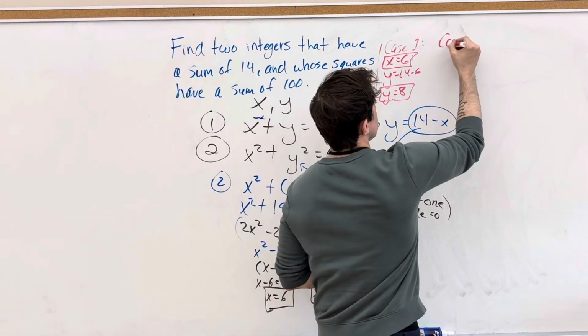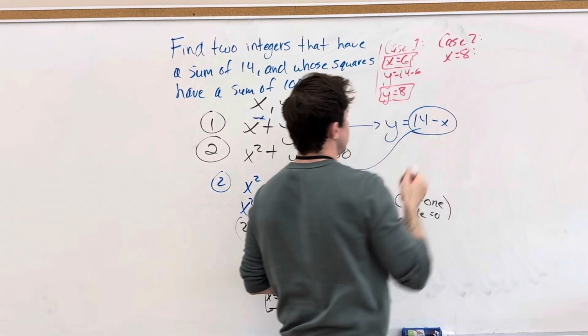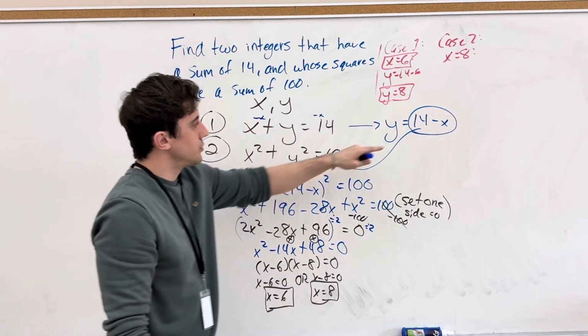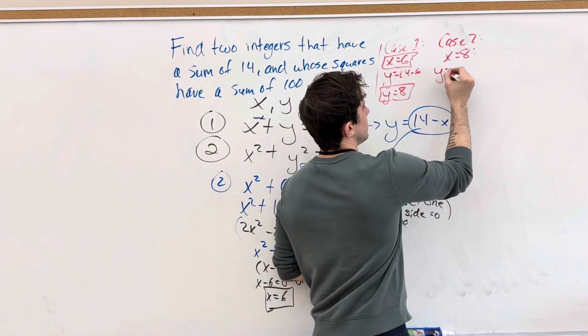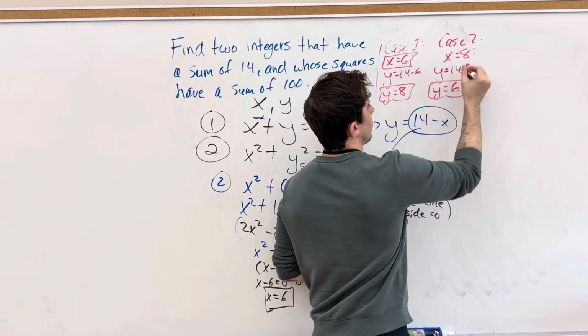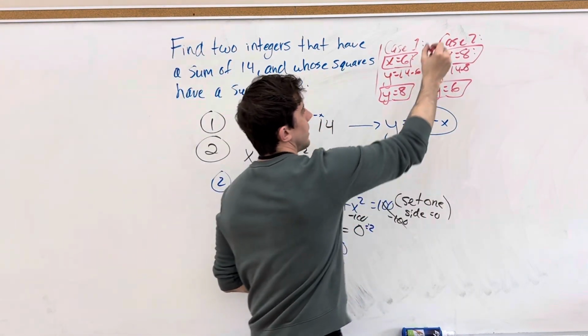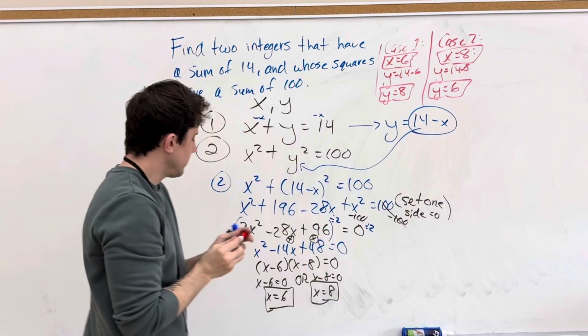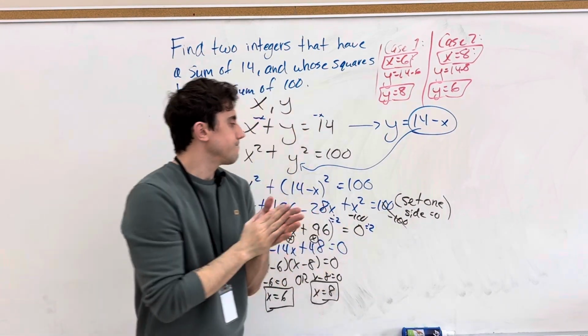And case 2, if x this time is positive 8, then again, we can plug that into our expression for y in terms of x, and we get y is 14 minus 8, meaning that now y would be 6 when x is 8. And so either way works out just fine, and so we have 2 solutions to our system of equations.